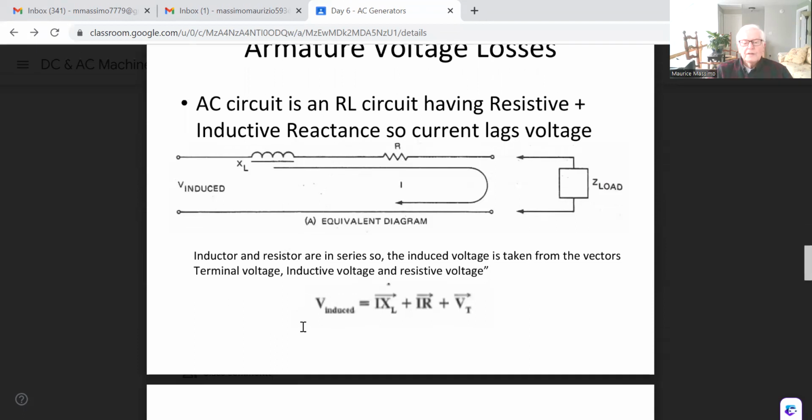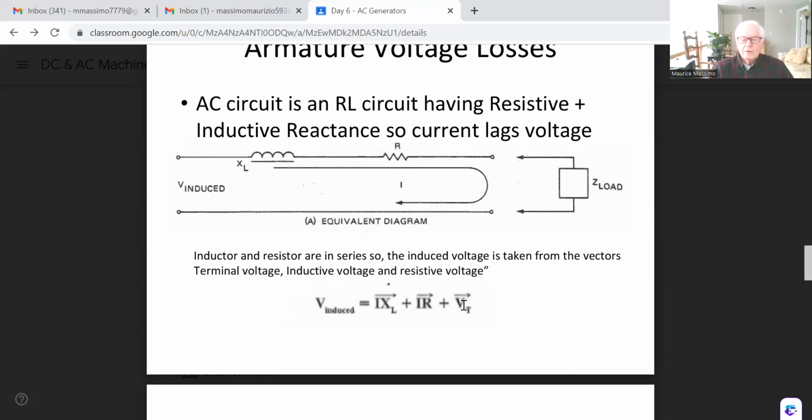So basically, V induced is a vector quantity of the inductive reactance voltage and the resistive portion, the IR drop, plus the total voltage produced.